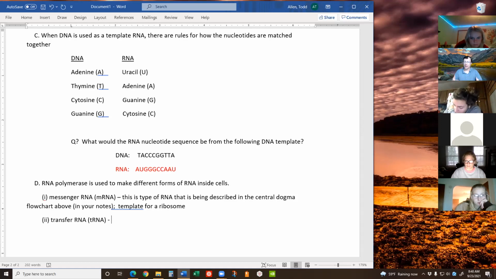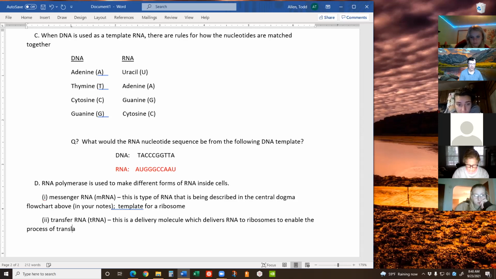So the job of transfer RNA is to bring amino acids to a ribosome to help the process of making a protein happen. Okay, this is a delivery molecule which delivers amino acids to ribosomes to enable the process of translation, which we're going to be talking about soon.